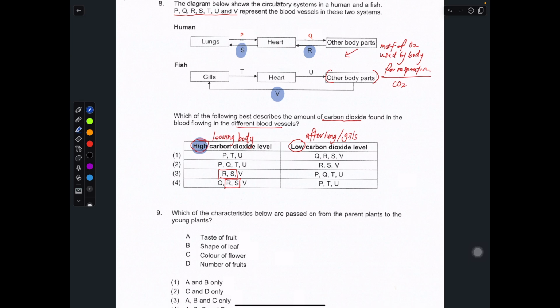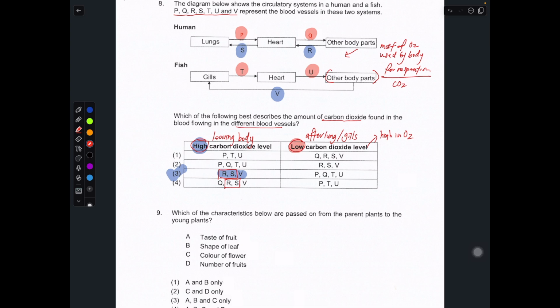So the answer would most likely be your number 3. Okay, R, S, and V. The rest of them will be low in carbon dioxide, which means they are high in oxygen. Those high in oxygen will be the ones leaving the lungs. That will be P, that will be Q, that will be after the gills and after the heart.